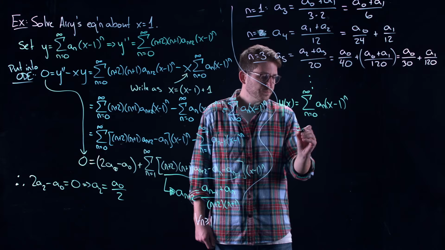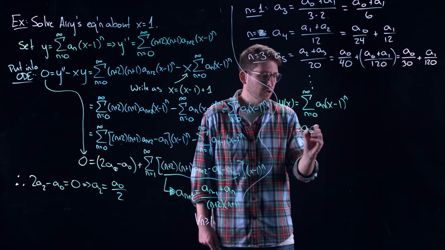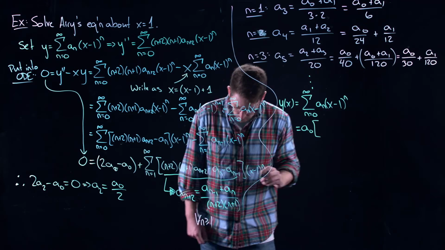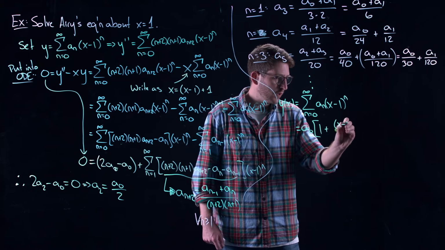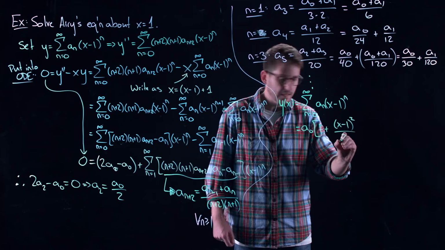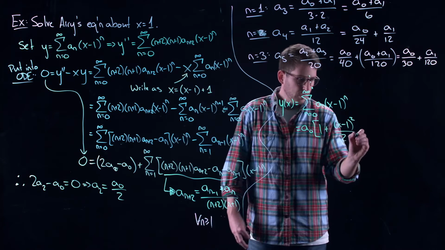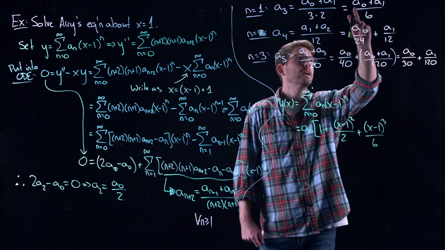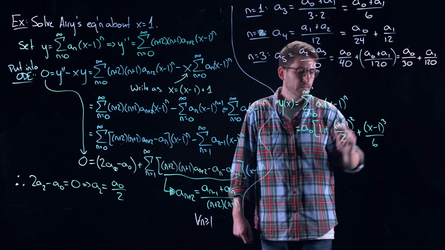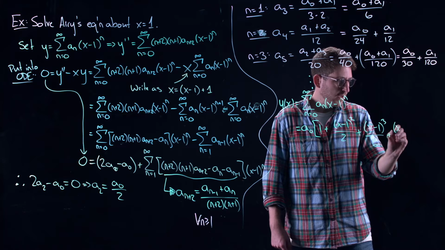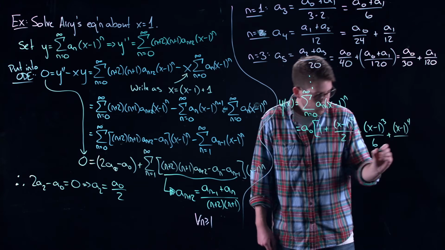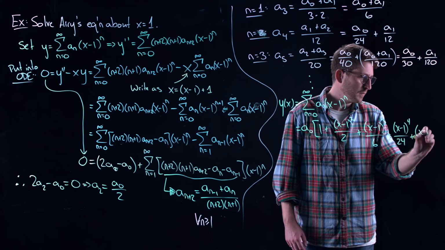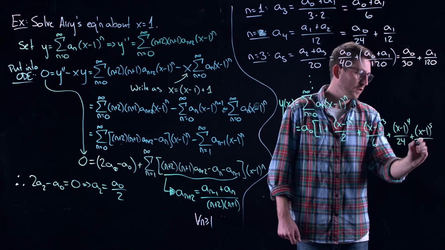After factoring everything, taking all of the terms with a0 in them, and multiplying it against 1 plus x minus 1 squared over 2, that's the a2 term, plus x minus 1 cubed over 6, that's a0 over 6 from the a3 term, plus x minus 1 to the 4 over 24, that's this term right here, plus x minus 1 to the 5 over 30.